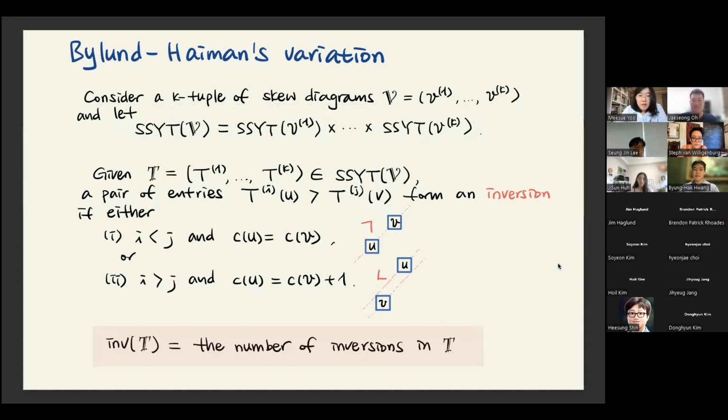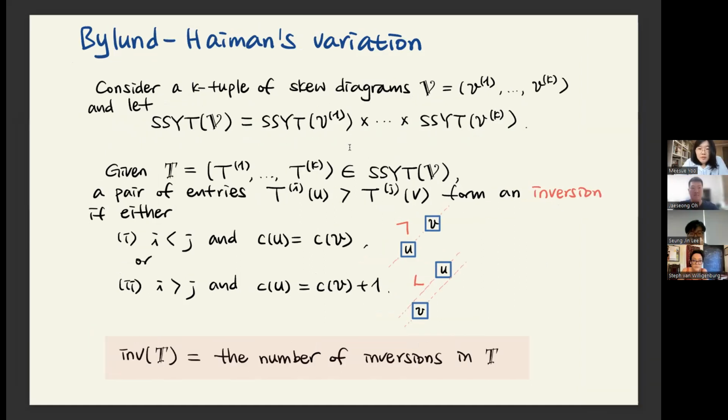Say we're given a k-tuple of skew diagrams, and over these skew diagrams, we're going to consider a semi-standard Young tableau. So SSYT of this tuple means a k-tuple of skew semi-standard Young tableaux. And given a tableau in this set, we're going to count the inversion statistic.